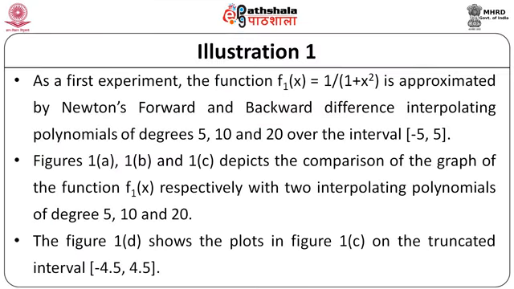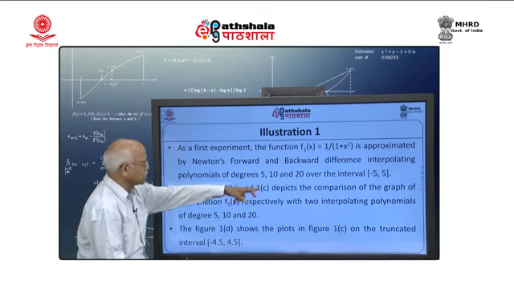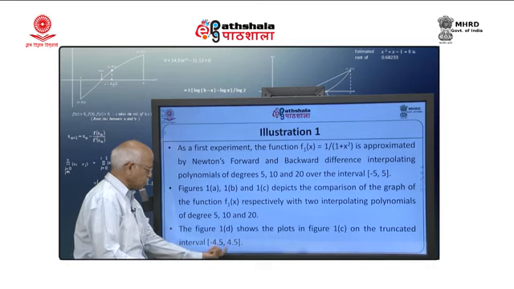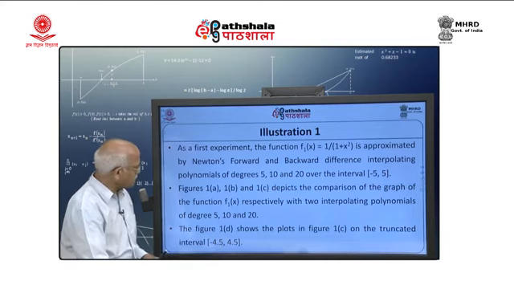Now, because the error at the end points is so large that I am not getting a clear picture, I am truncating this interval slightly and repeating the third graph 1c as 1d. So, I am restricting my attention only to the interval minus 4.5 to plus 4.5 to get an idea of what happens in that interval.